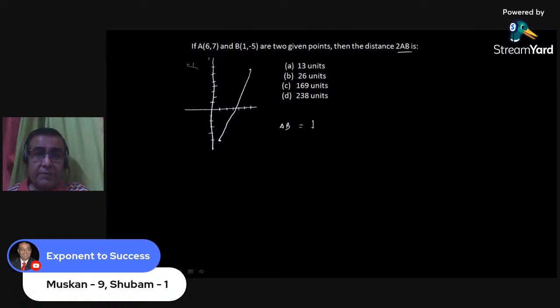So AB will be the square root of, using the coordinates of the points 6 comma 7 and 1 comma minus 5, (6 minus 1) whole square plus (7 minus of minus 5), so that becomes (7 plus 5) whole square.